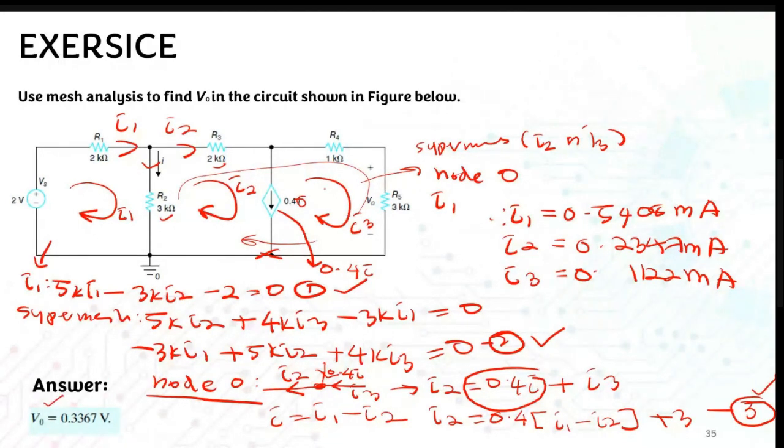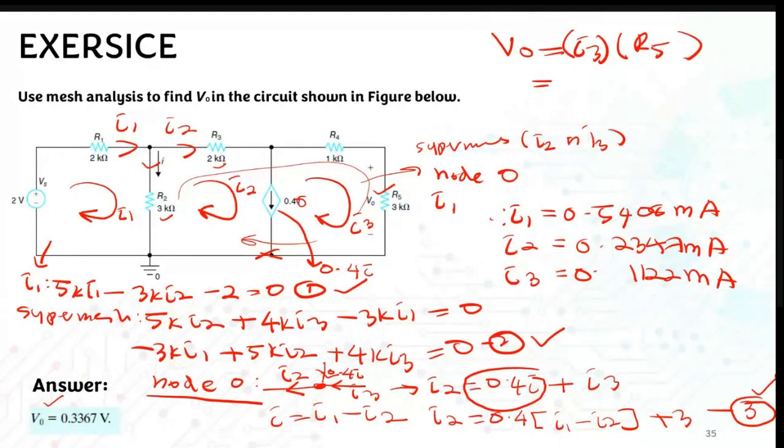So now the question asks you to find your V naught. Where is your V naught here? This is your V naught. V naught is equal to I3 times R5.